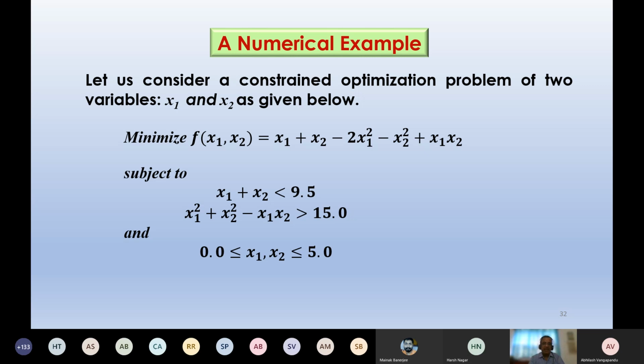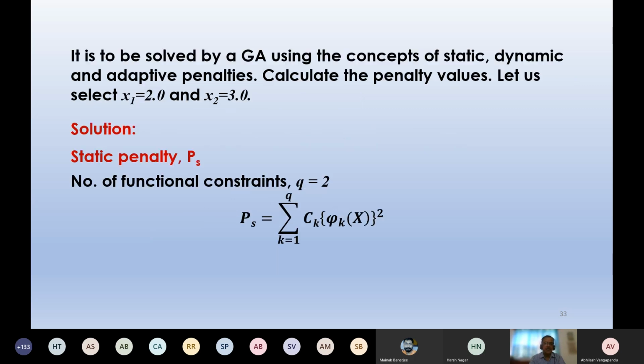Similarly, if you calculate the deviation corresponding to the second functional constraint, the left hand side, as I've already calculated, is 7 and the right hand side is 15. So the deviation, or violation, is 7.0 minus 15.0, which equals minus 8.0.